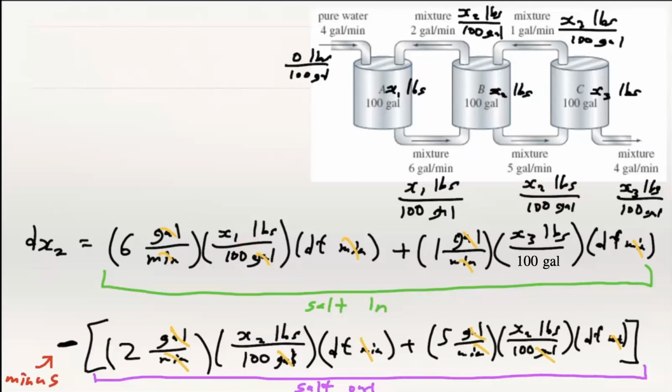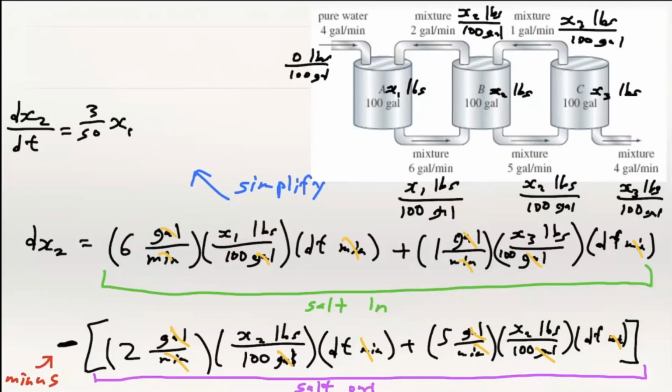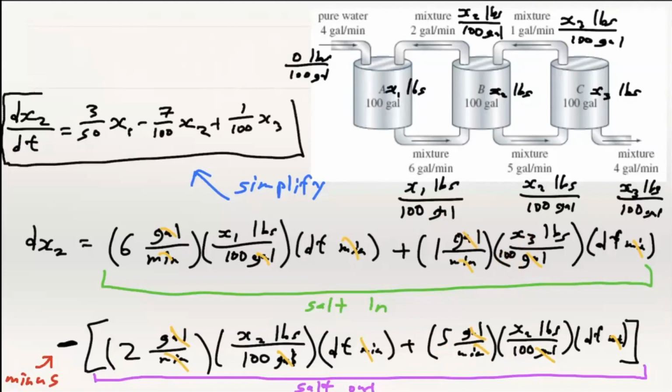And simplifying this by dividing both sides by dt and multiplying through, like 6 over 100 is 3 over 50, we wind up with dx2 dt is 3 over 50 x1. Let's do the x2 part first to keep it in order here. So minus 2 minus 5 is minus 7 over 100 x2, and then plus 1 over 100 x3. And that is our equation number 2.